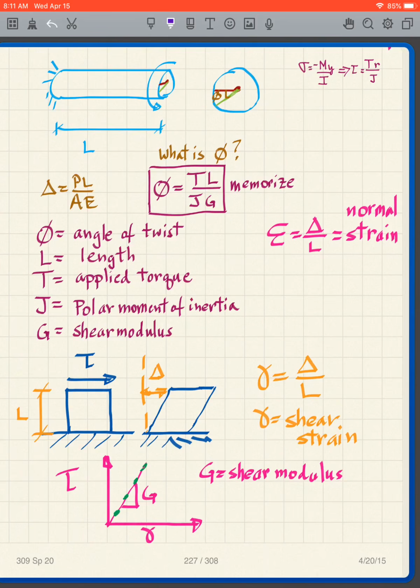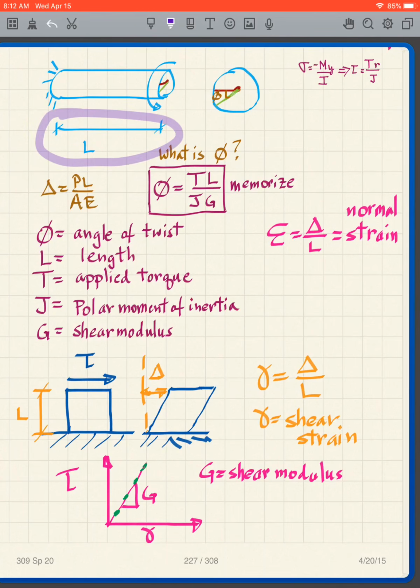So if I look at just the end, it starts there, but when I twist it, it ends up there. And the angle between the original horizontal line and the final line, that angle we're calling phi. Phi is the angle of twist.